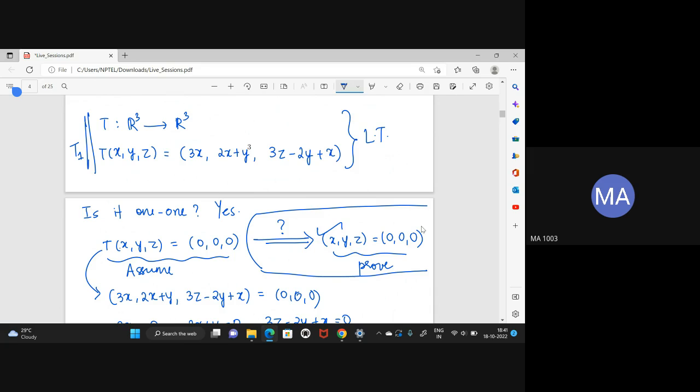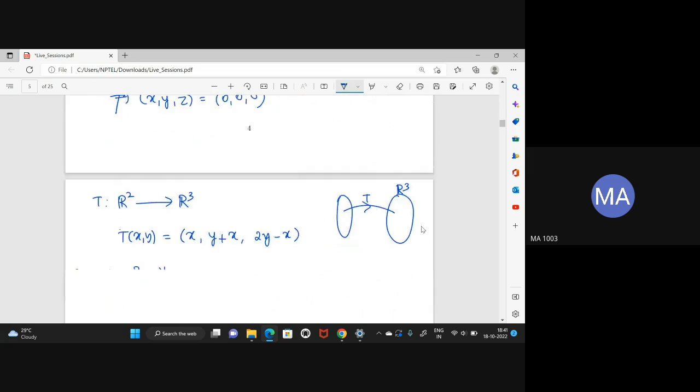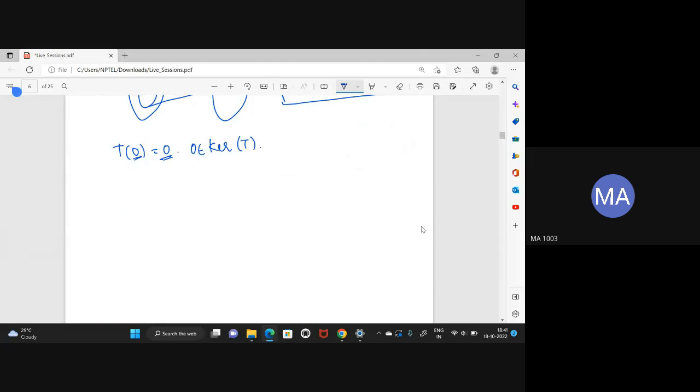Can you tell me what the kernel of this linear transformation is? 0, 0, 0. So it's a one-to-one map; we have already shown it. If it's a one-to-one map, what will the kernel be? The 0 vector. So the kernel of T1 is nothing but 0, 0, 0, right?